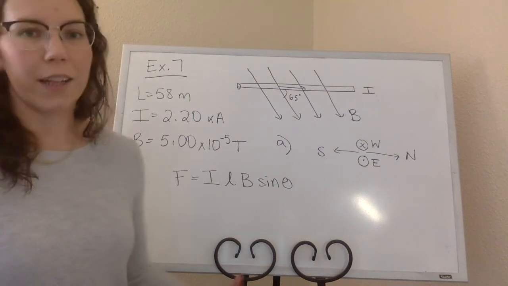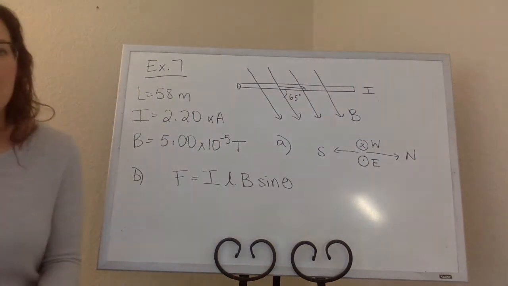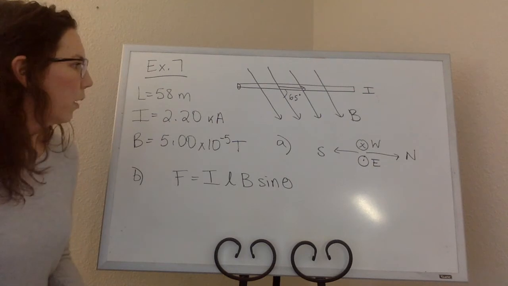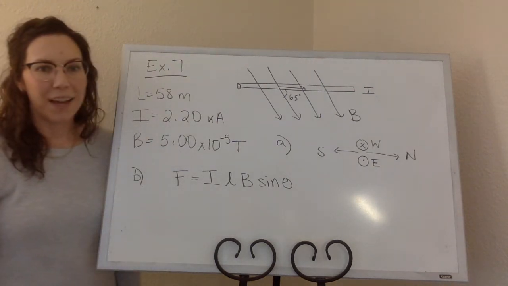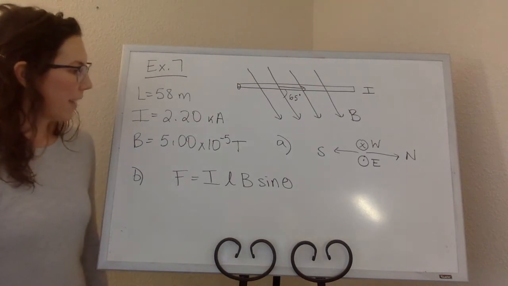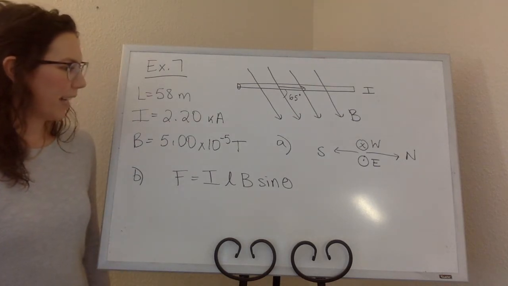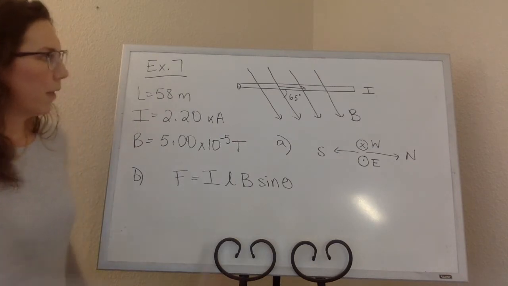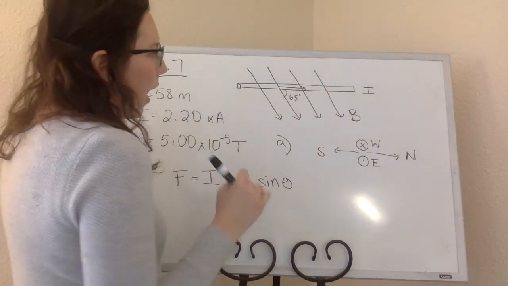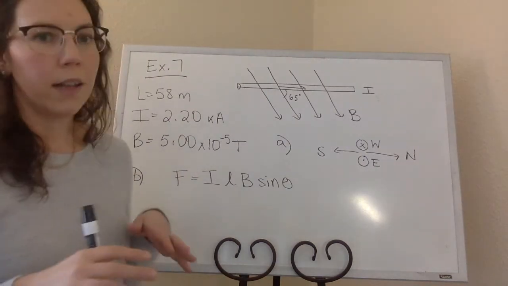Okay, so have a look at the board. I've sketched out the situation and written the known information. We have the length, 58 meters, 2.2 kiloamps for the current, and the magnetic field, 5 times 10 to the negative 5 Tesla. Okay, and so this is the current in the wire, and they've said that the current in the wire is north.